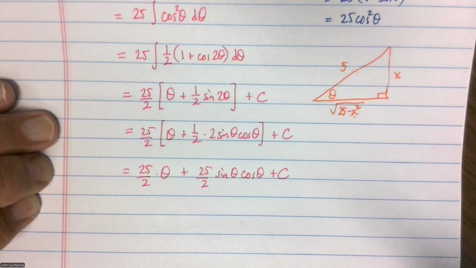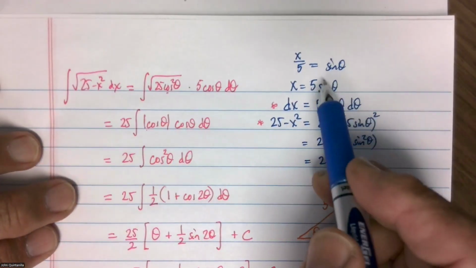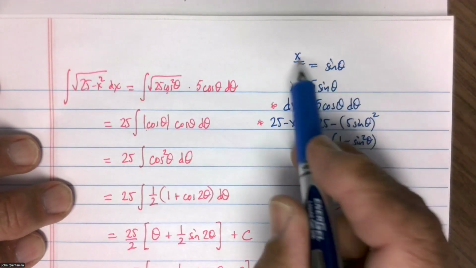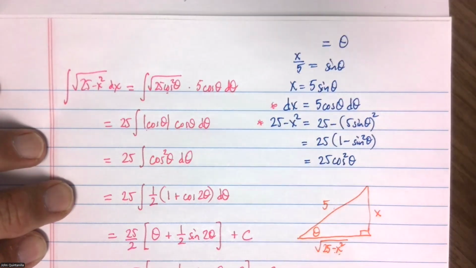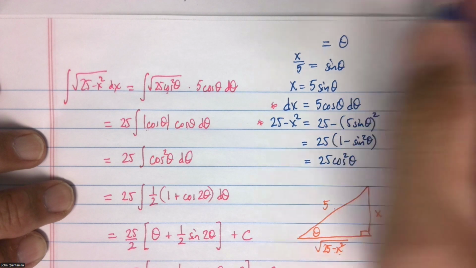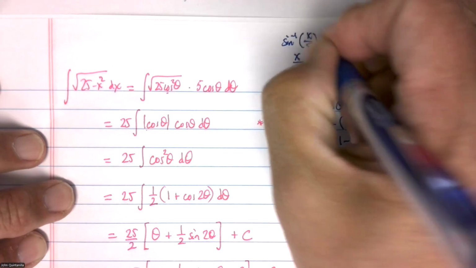Okay, so now we have to solve for all of the parts here. Well, one of these we've already got. Sine of theta is equal to x over 5. Therefore, because we chose theta to be between negative pi over 2 and pi over 2, theta will be equal to the arc sine of x over 5.